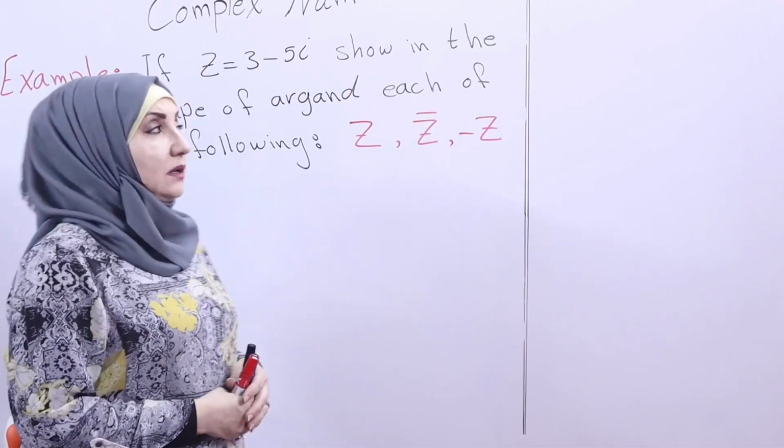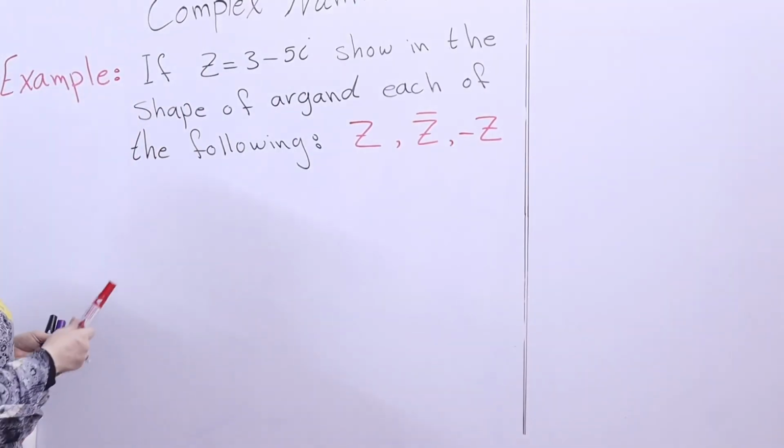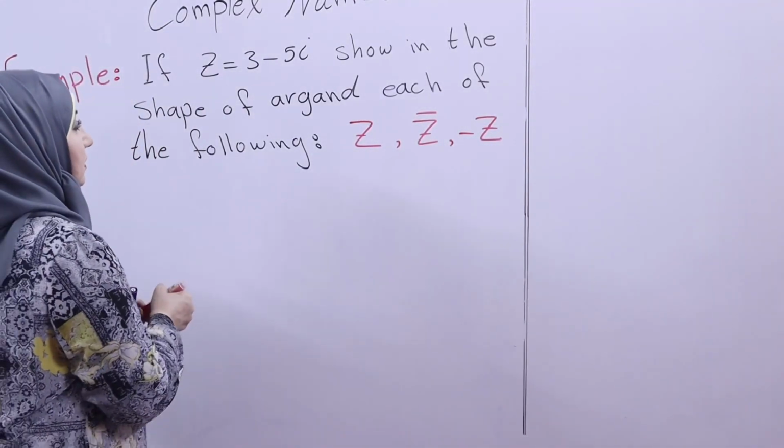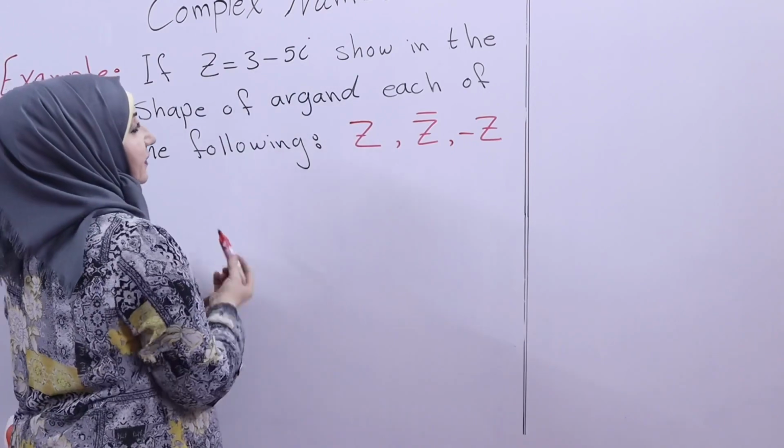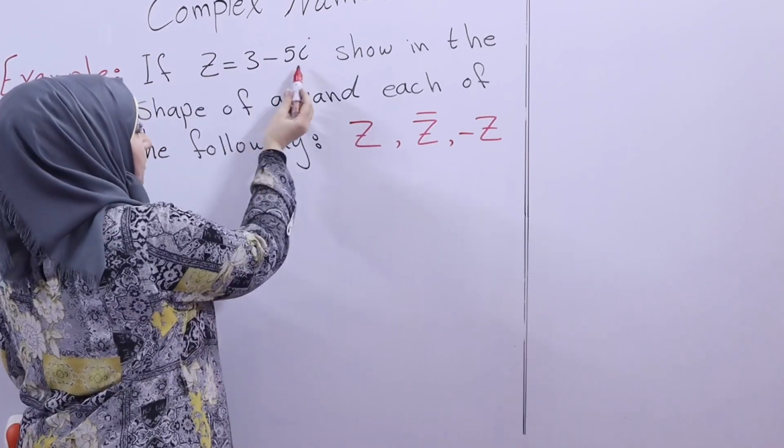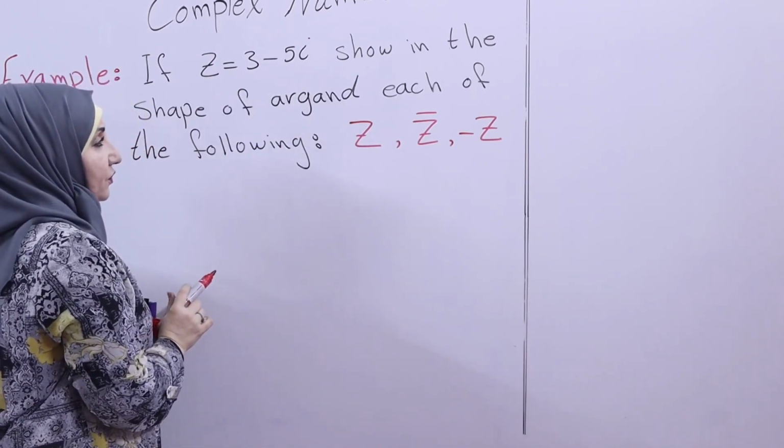And another example. If Z equal 3 minus 5i, this represents the complex number in the normal form.